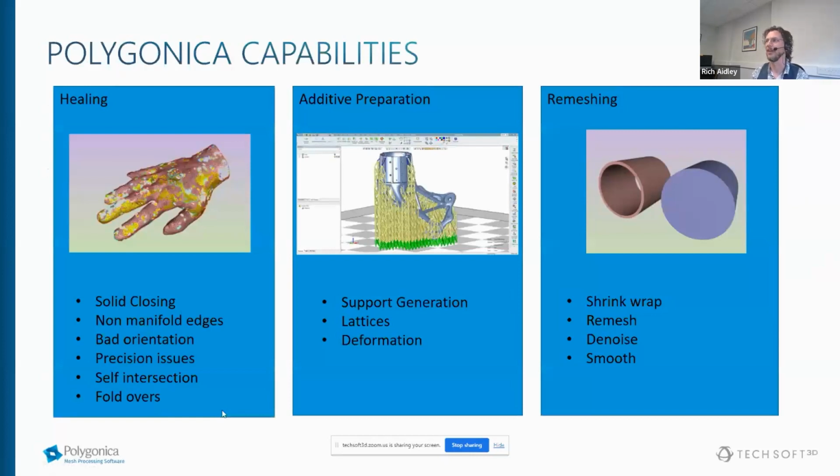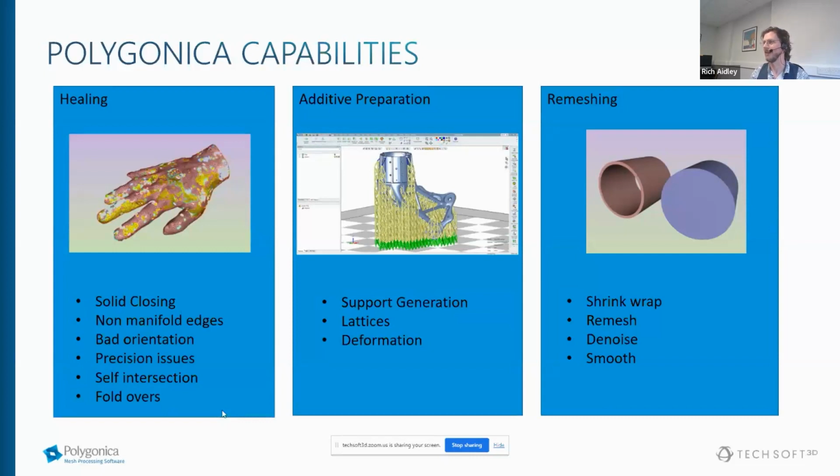Polygonica, again, I'm just going to go quickly over these capabilities. We can heal models. Typically, if you've got scan data and that scan data has problems, or you have operations upstream which have introduced, say, non-manifold edges or self-intersections and so on, then we have ways of fixing those effectively and quickly. Then we provide a lot of capabilities for additive manufacturing or preparing for additive manufacturing.